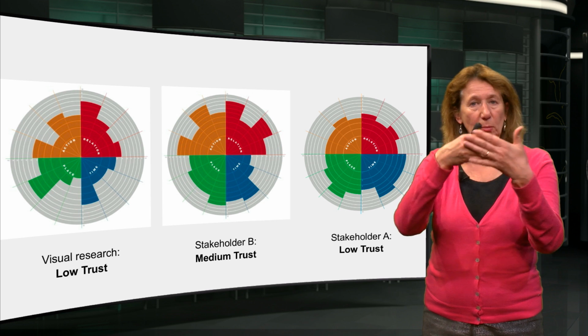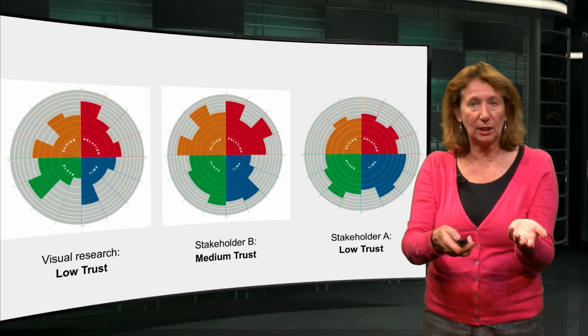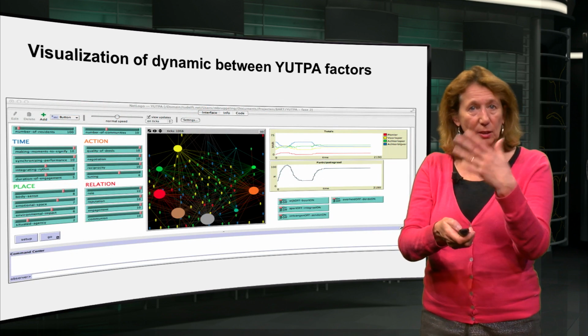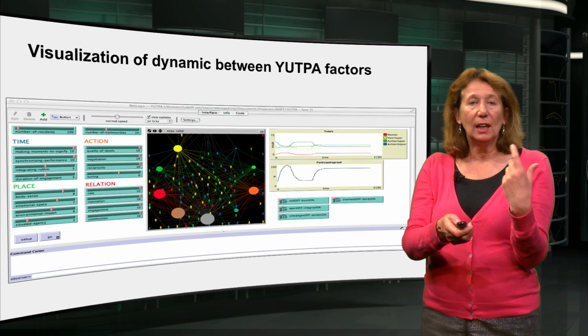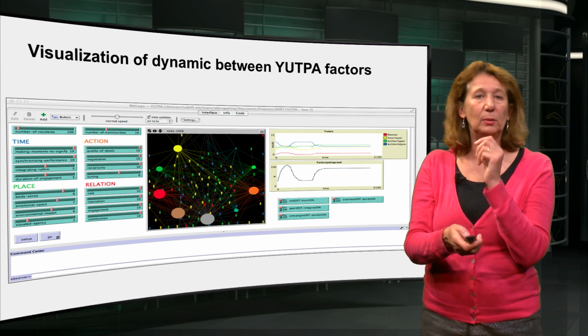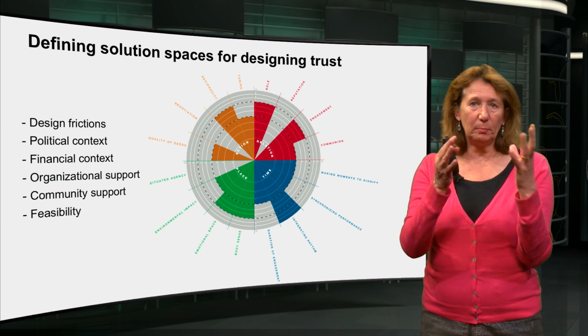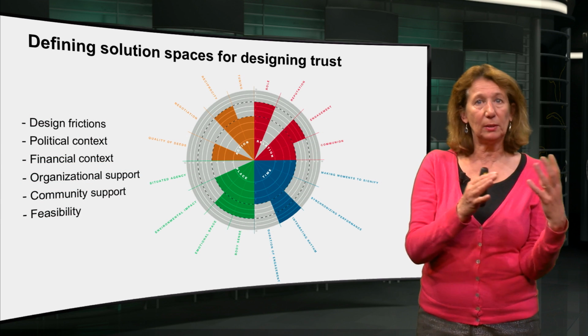And if you then put them over each other, you can see where a design space is emerging. So we then do this in a visualization in which we play with the different factors to see what effect it would have if we do an intervention. And in the end, we have a clear picture of where we will design and where we will not design.